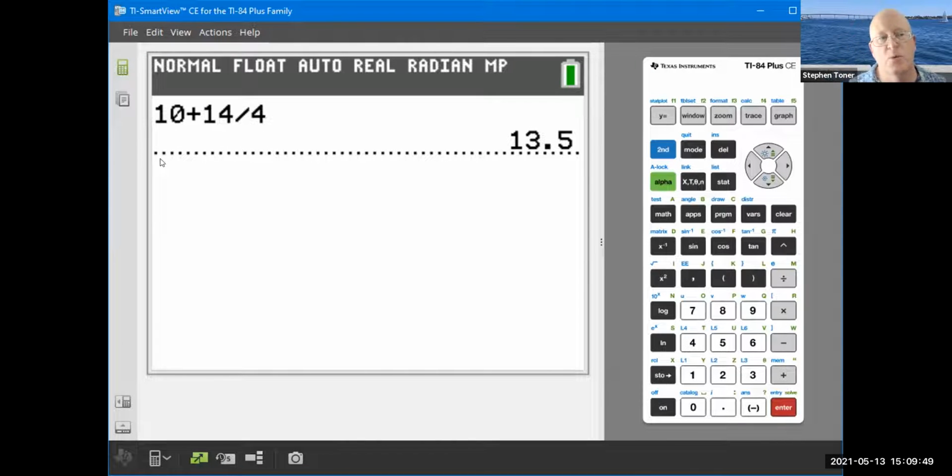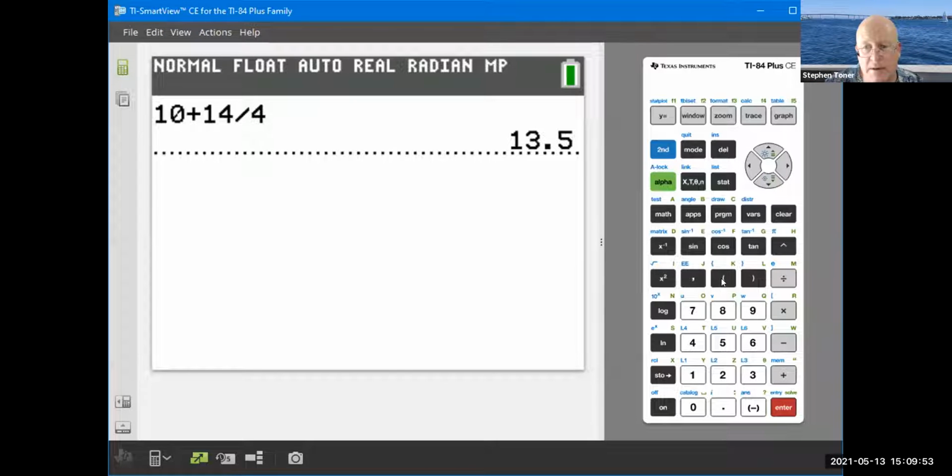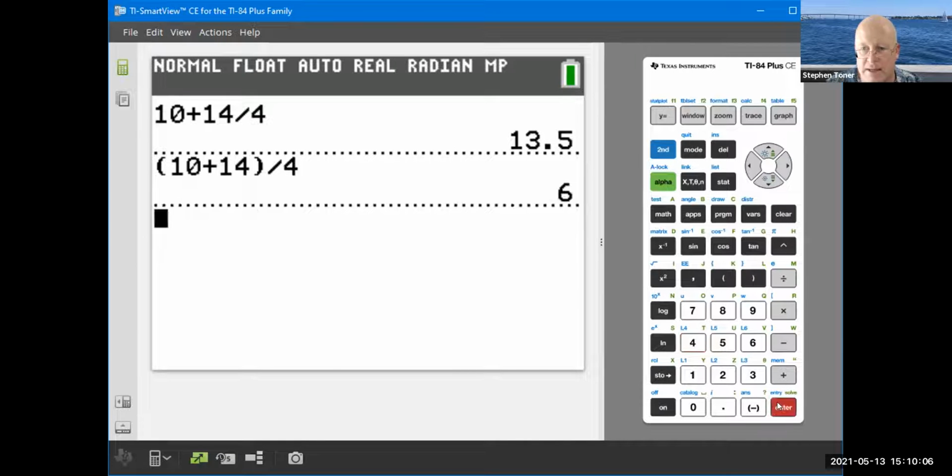So there are two ways to remedy this situation. You can either use your parentheses keys, open parentheses, 10 plus 14, close parentheses, then hit divide by 4 and get the correct answer of 6 that way. Or you can do the numerator separately, 10 plus 14.